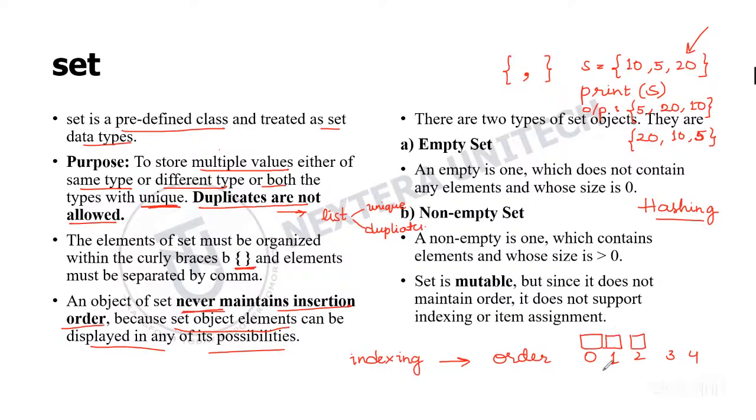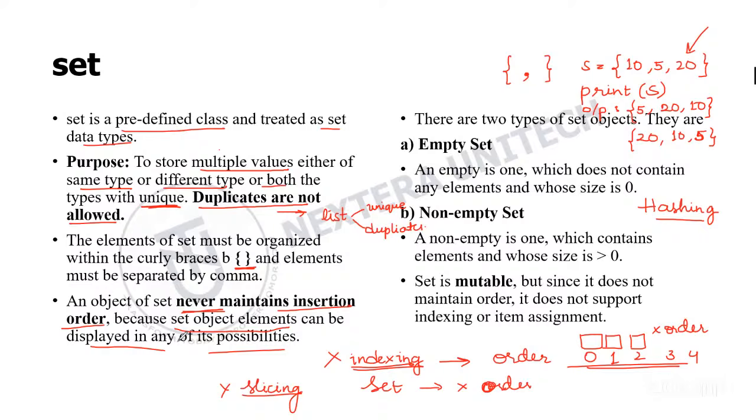We need order to give indexing, but a set does not maintain order. That is why our sets won't have indexing. It does not support the indexing operation, and it also does not support the slicing operation, because we don't have indexing due to no order.